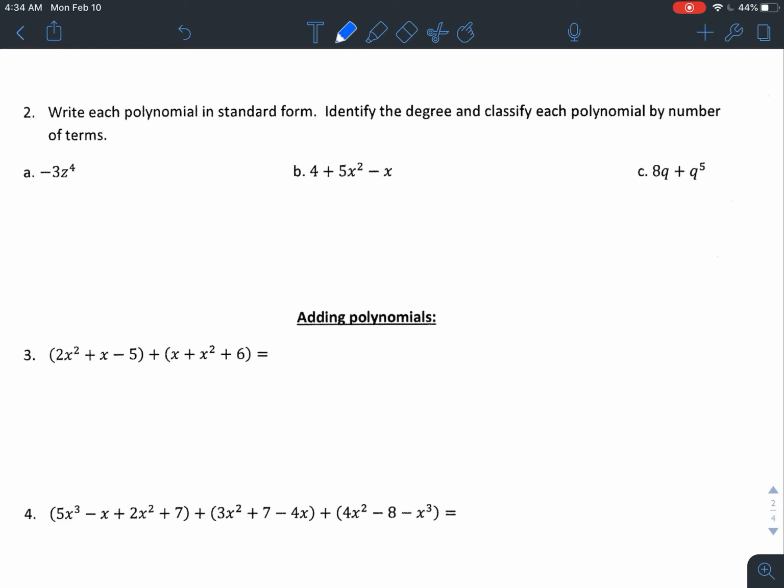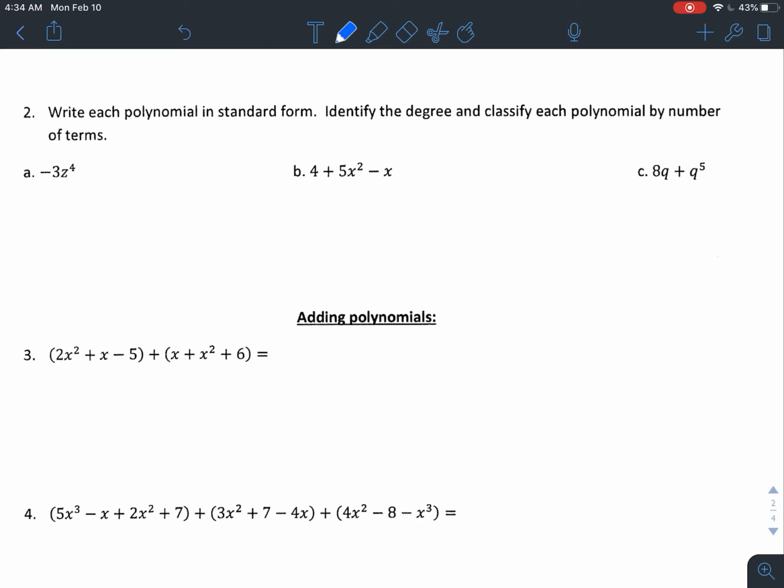Anything beyond that, there could be special names for it, like we could call a 4-termed polynomial a quadnomial, but they're not very common, at least in high school math. I mean, we definitely see them moving forward in Algebra 2, but they're not common enough that we would have a distinct name for them that we use on a regular basis.